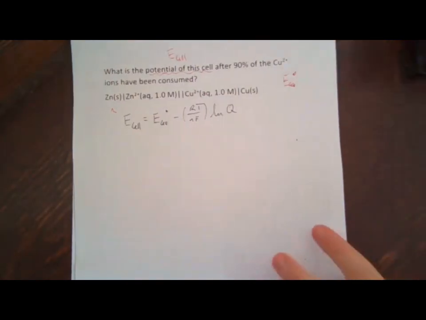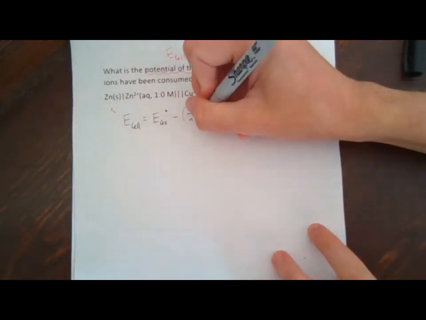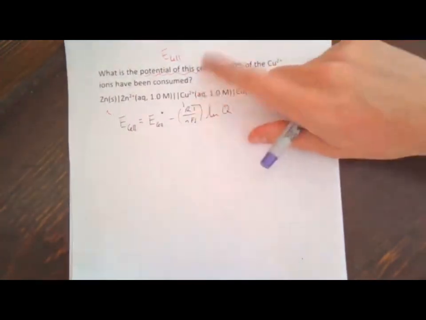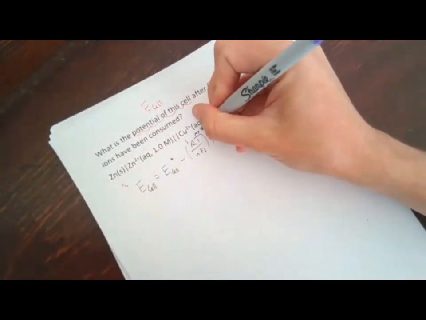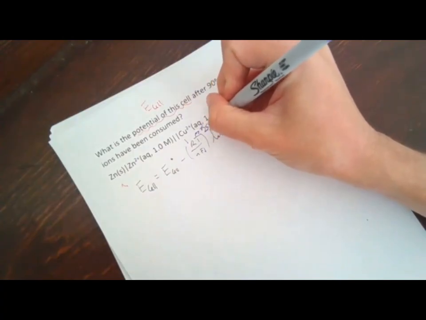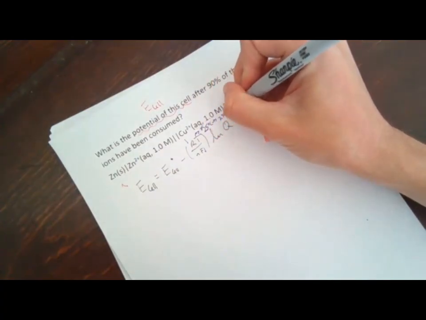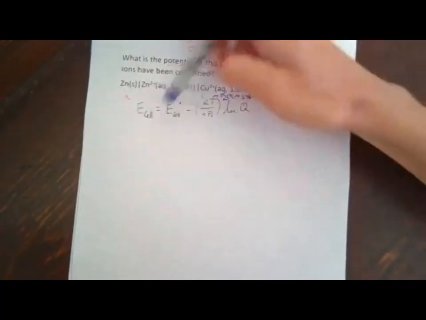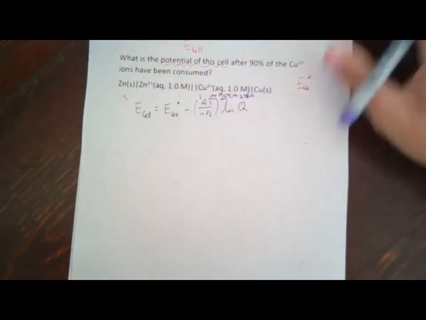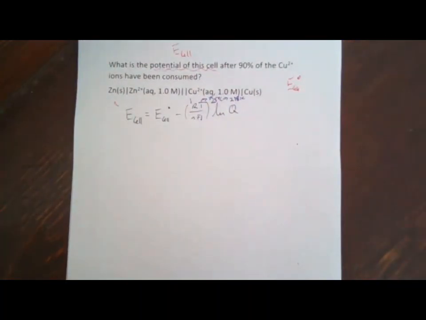First off, R and F are constants. We've talked about an alternate form of the Nernst equation where those values are just plugged in. T is not given here, but we can assume it's room temperature, which is 25 degrees Celsius, or 298 K. E cell naught, N, and Q are the specifics for the particular cell you're looking at.